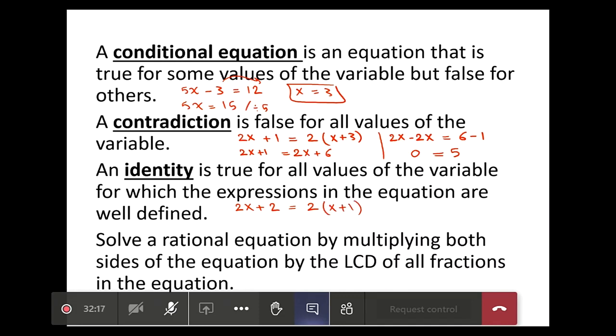Identity means if we replace any value of x, half, 1, negative 1, 0, 100, 1 million, minus 5,000, any value, so this is correct. The equation is correct. Left hand side equal right.